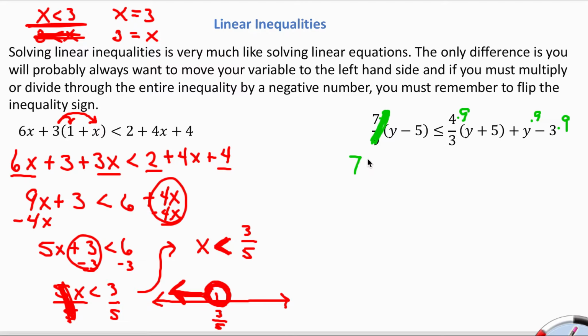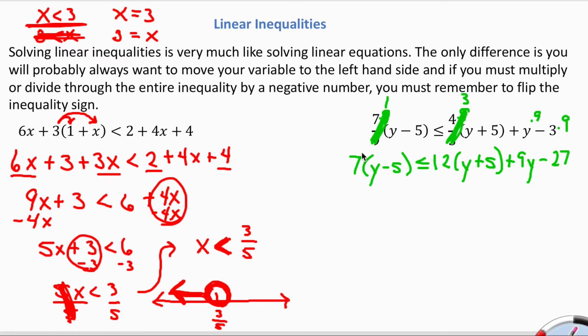So this is 7 times y minus 5, less than or equal to 9 divided by 3 is 3. So this is 4 times 3, right? This was 7 times 1. 4 times 3 times y plus 5 plus 9 times y, 3 times 9.